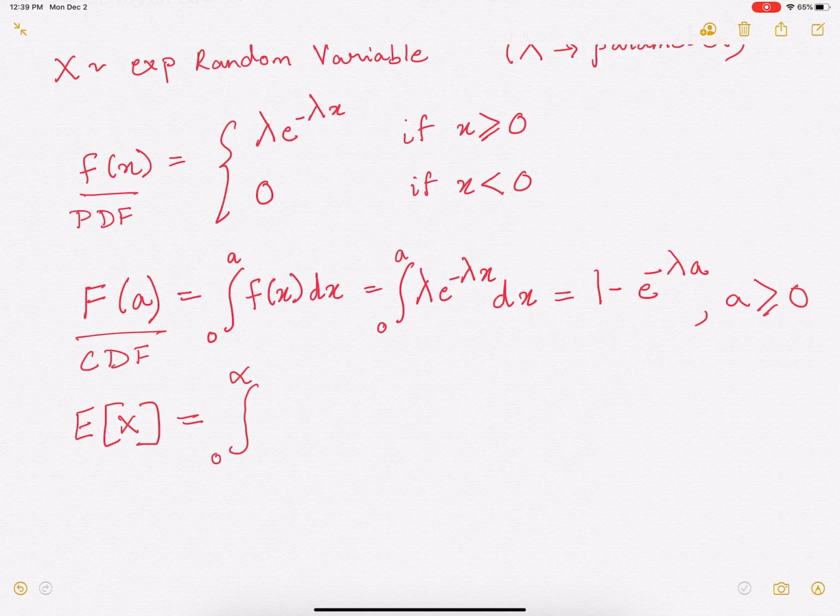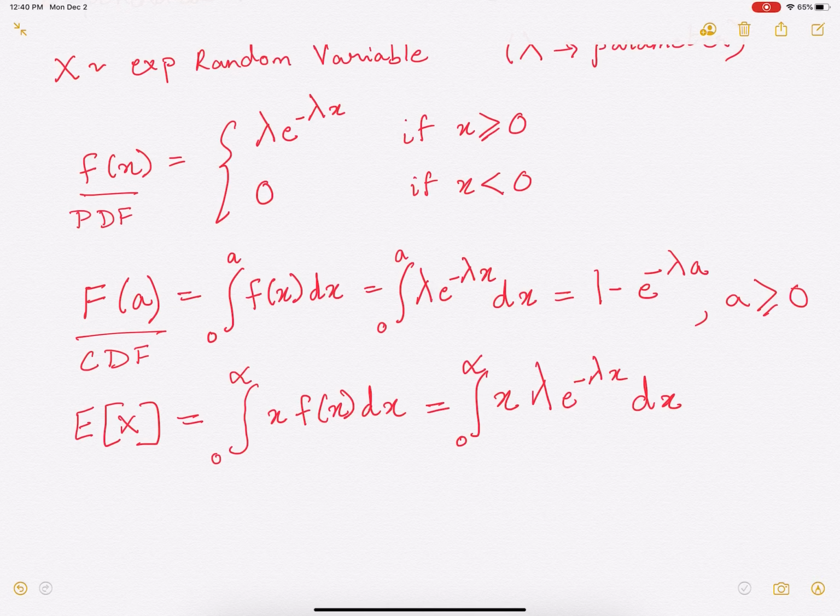For x less than 0 it is 0, so it doesn't make any sense to integrate from negative infinity to infinity. It's the integral of x f(x) dx, and we substitute f(x), so it's the integral from 0 to infinity of x lambda e to the power minus lambda x dx.